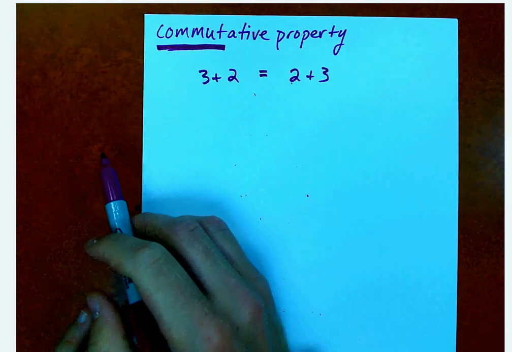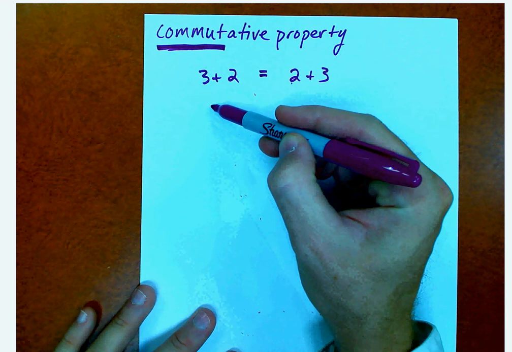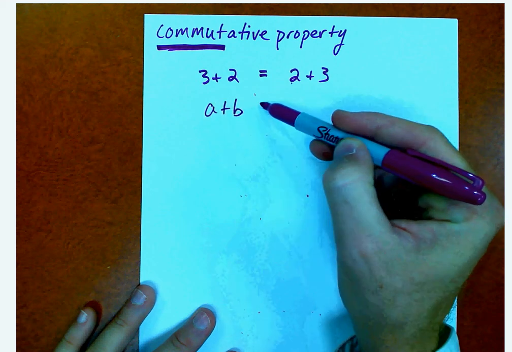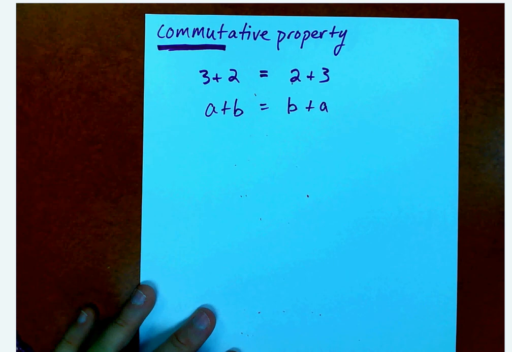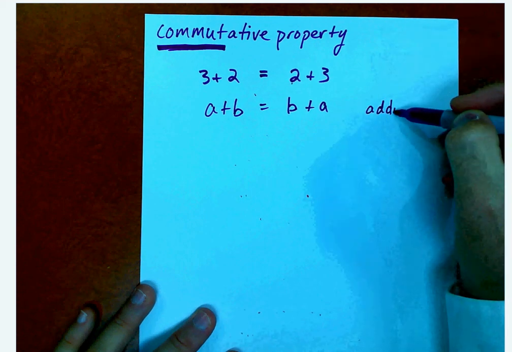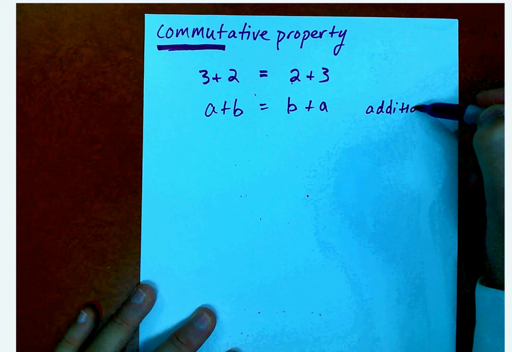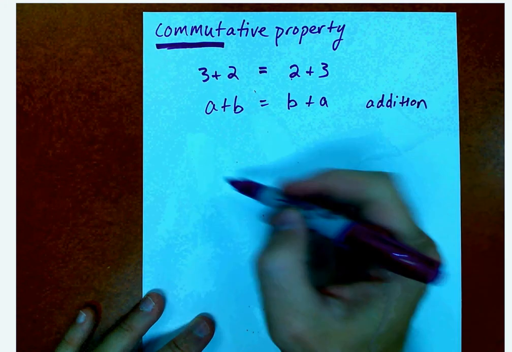So I can say very simply that the commutative property is any way that I demonstrate that A plus B is equal to B plus A for any real numbers, A and B. This is true for addition, so we have the commutative property of addition, but is this also true for multiplication?